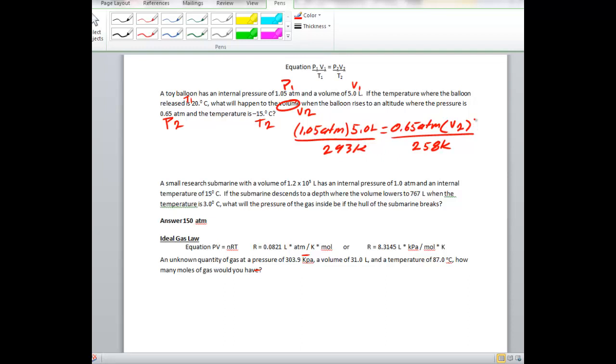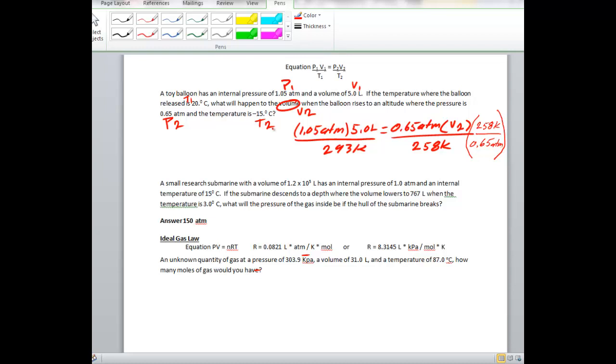What I can end up doing is dividing this side by 258 K over 0.65 ATM.